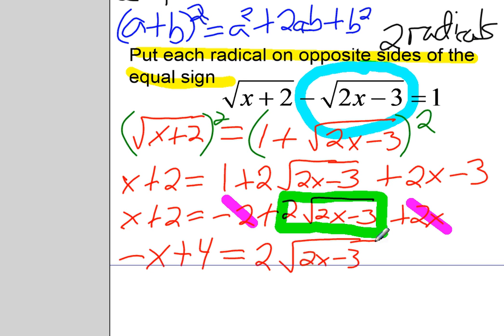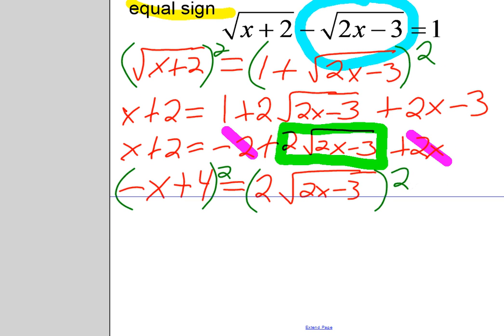Now I'm going to square both sides again. Now the left-hand side is two terms, so I have to use that square of a binomial formula. So I've got the first term squared, the two terms multiplied together and doubled, and then the last term squared.